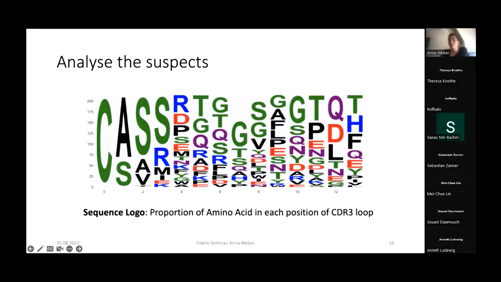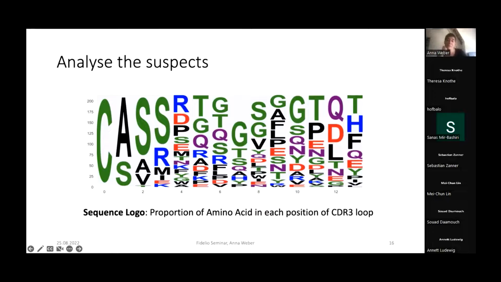So I had hoped at this stage to maybe observe a pattern already, so that all the suspicious sequences that I'm finding maybe have a similar binding sequence. That would have been a strong hint that they're all binding the same target. Or maybe I could group the amino acids by their biophysical properties, and I would at least find a lot of polar amino acids in the same position, something like this.